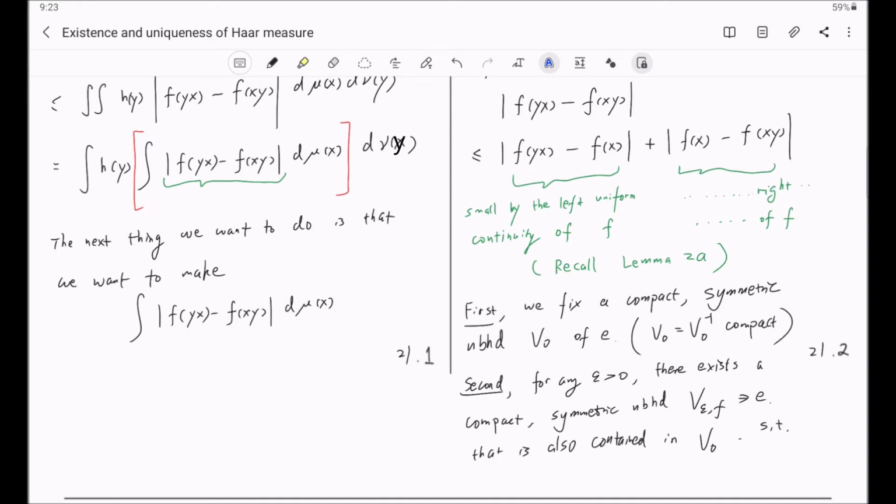In particular, we can make both of them less than half epsilon, such that the above is less than epsilon divided by 2 plus epsilon divided by 2, which is epsilon, for any y in V sub epsilon f, which is contained in V0.